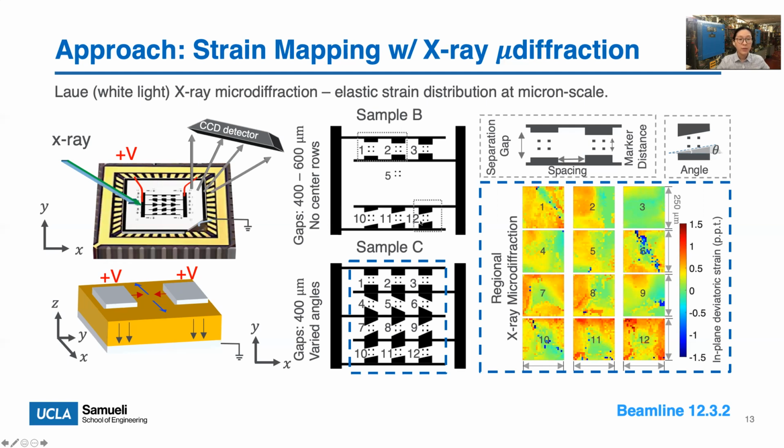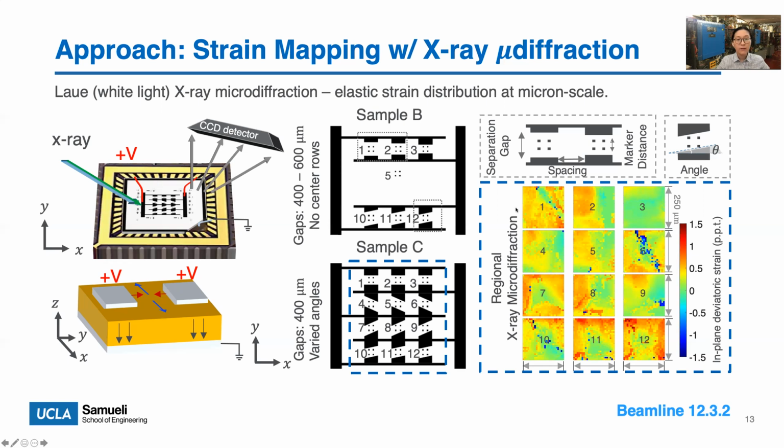And the main difference between sample B and sample C is that C has the same gap distance between all the electrodes, and it also has a more compact, denser electrode distribution.